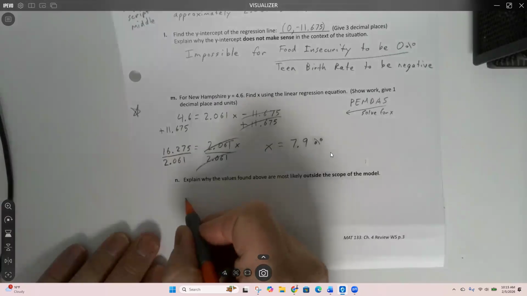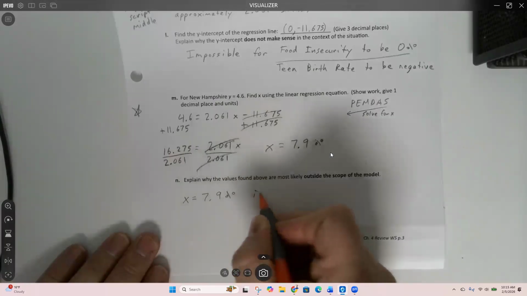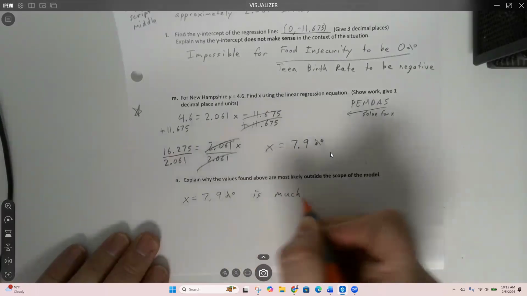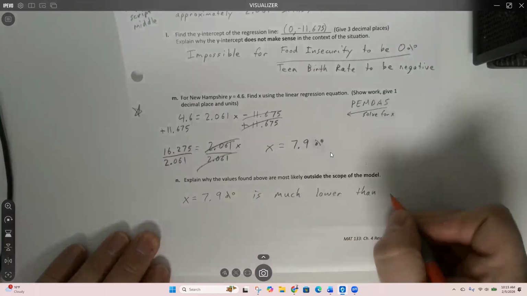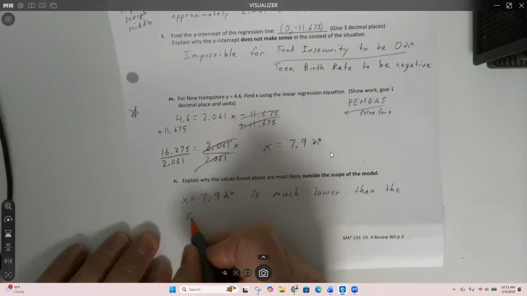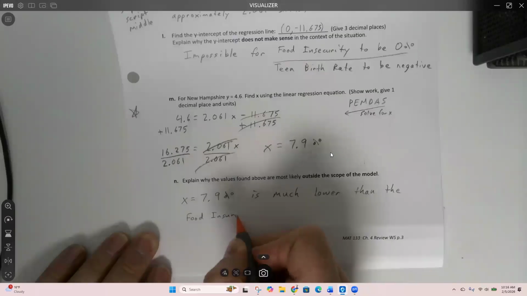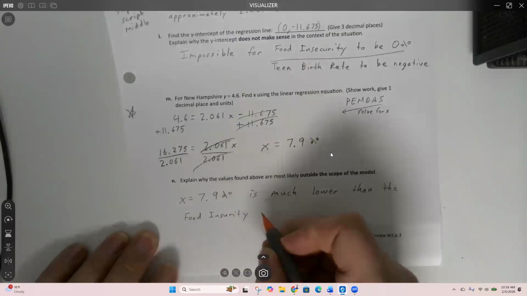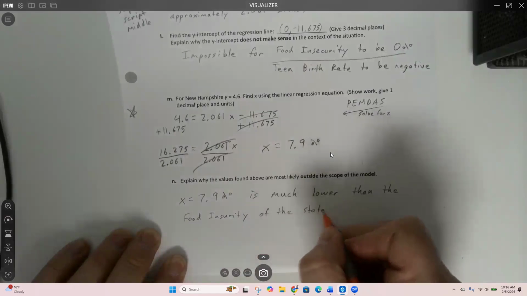So x equals 7.9% is much lower than the food insecurity of the states sampled.